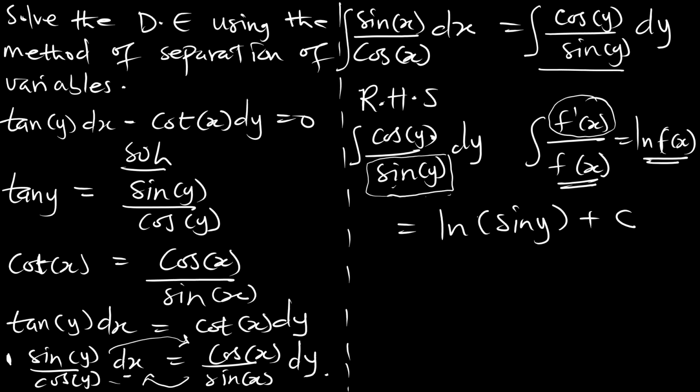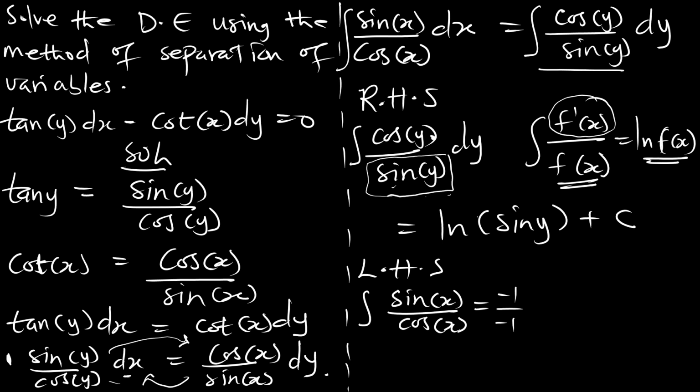Now let's look at the left hand side. From the left hand side, we also have the integral of sine x on cos x. Is that it? Yes. So when we multiply this through by -1, up and down, so -1 divided by -1, integral of sine x on cos x.